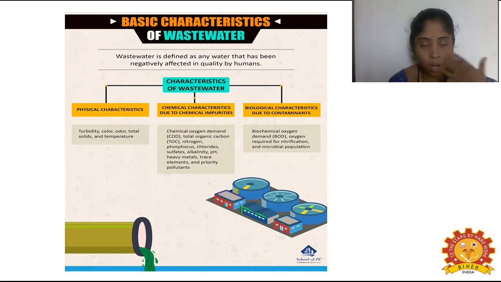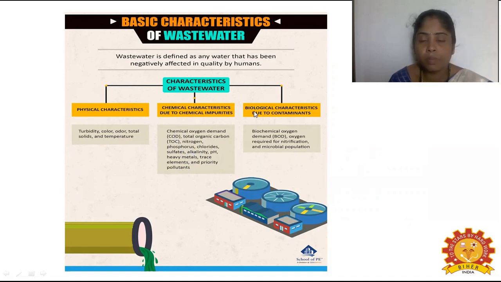When you talk about physical characteristics, the factors are turbidity, color, odor, total solids, and temperature. The second one is chemical characteristics, due to chemical impurities, which can be classified based on COD, TOC (total organic carbon), nitrogen, phosphorus, chloride, sulfates, alkalinity, pH, heavy metals, trace elements, and other priority pollutants.